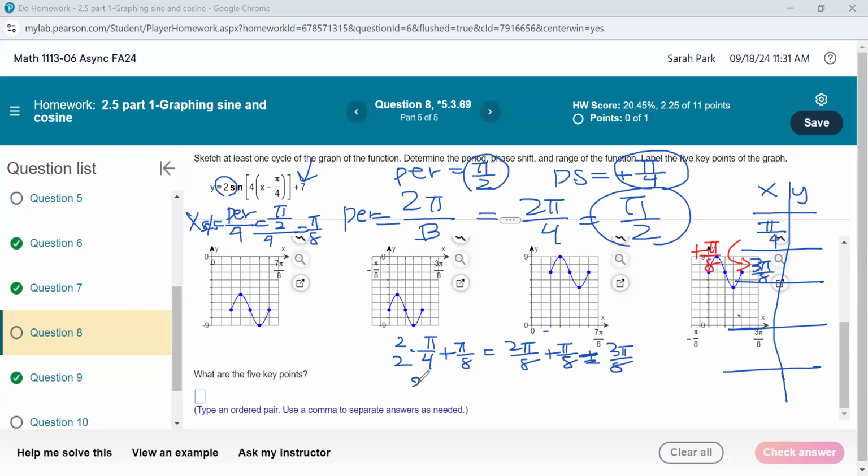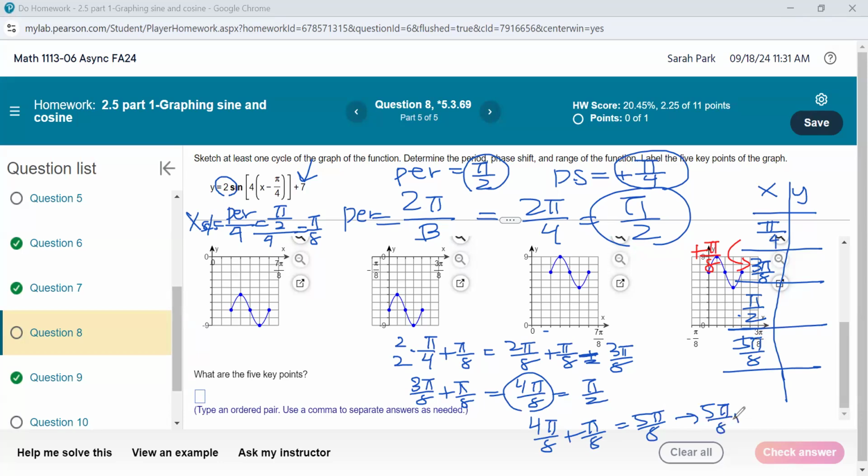Then 3 pi over 8 plus pi over 8 is 4 pi over 8, which is pi over 2. So I'm going to have 4 pi over 8 plus pi over 8, which is 5 pi over 8. Then 5 pi over 8 plus pi over 8 is 6 pi over 8, which is 3 pi over 4.